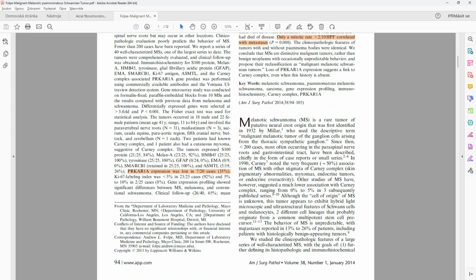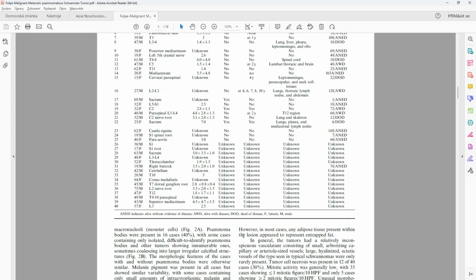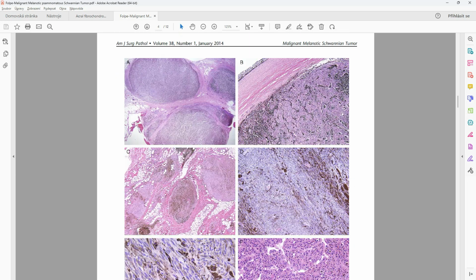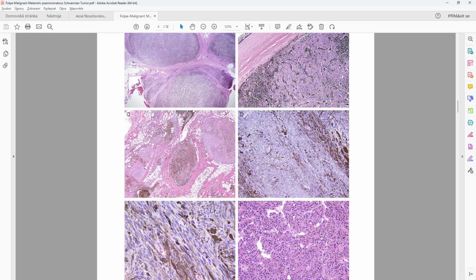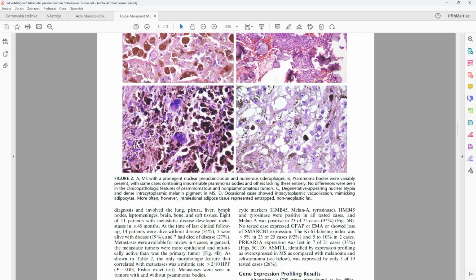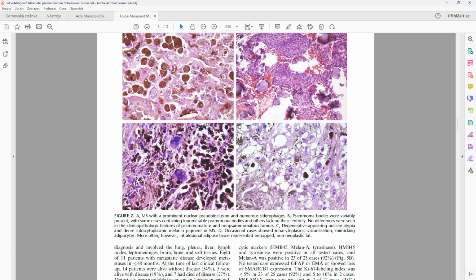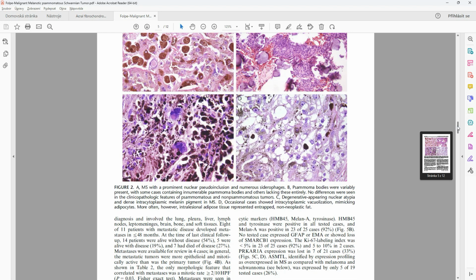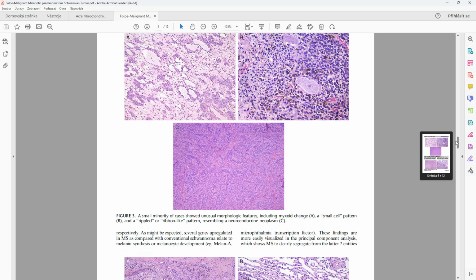In my experience, most cases have loss of expression, and you can see that basically almost all cases were around the spinal cord here, and morphology, at least in these areas, is identical to what we see here. The psammomatous calcifications are usually present, but not always. But if they are there, it's extremely helpful, because obviously the biggest problem here is to differentiate it from malignant melanoma.